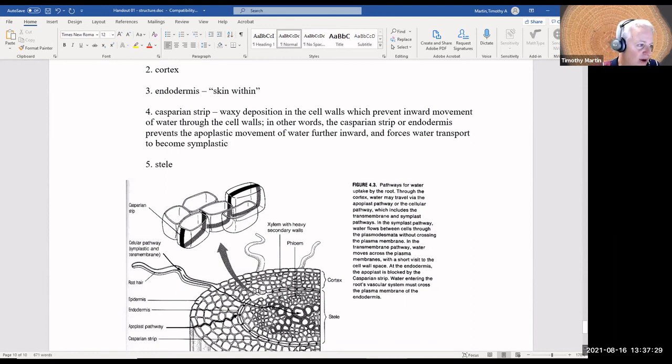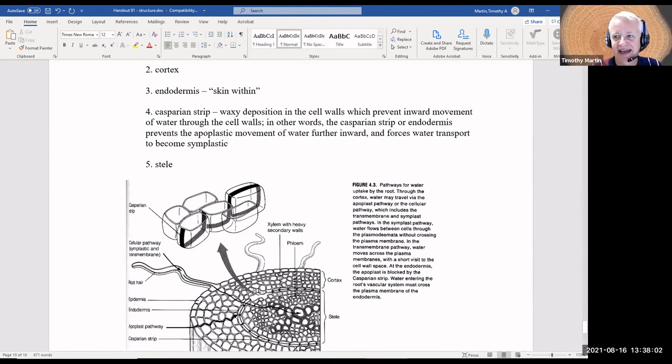In contrast, water can also be taken up between cells and transported through cell walls up to the point of the endodermis. At that point, because of the Casparian strip, water can't be transported through the cell walls anymore, and at the endodermis, that transport has to become symplastic, which means it has to go through a cell membrane into a cell to be transported further inward.